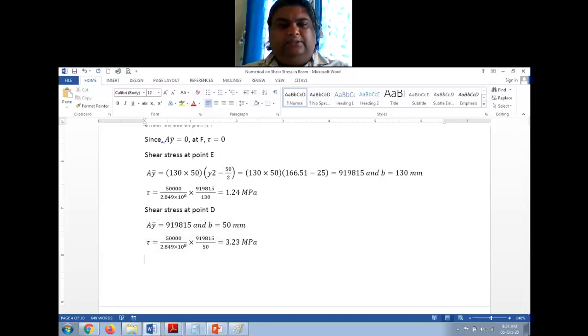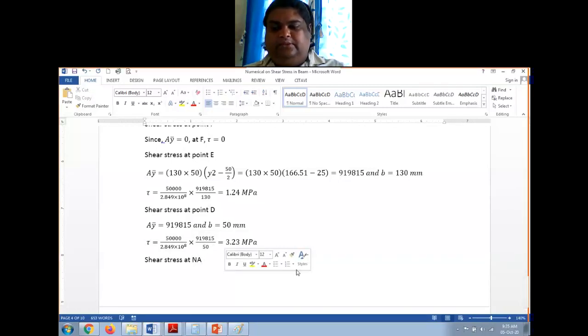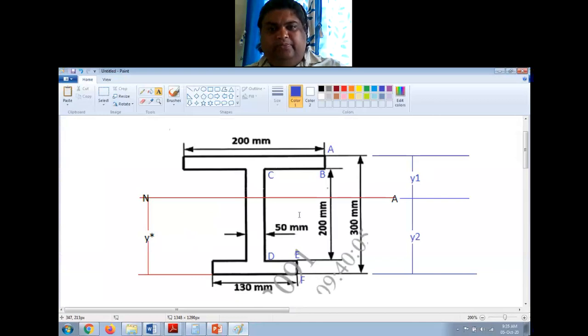Now the last section that is remaining is shear stress at the neutral axis, NA. Let me go back to the diagram. See, this is the neutral axis. Now y here will be 0, there is no distance. So AY bar will be this entire section. It is like a T section, this rectangle and this rectangle.